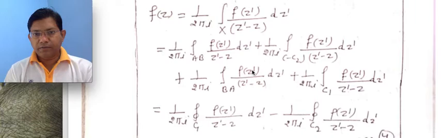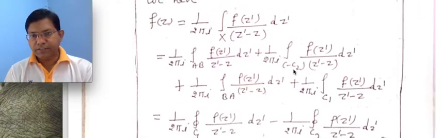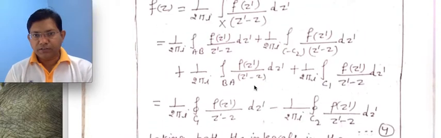because the AB and BA integrals cancel out since they have different directions. And minus C2 can be written by changing the sign of C2. Therefore the two integrals remain.